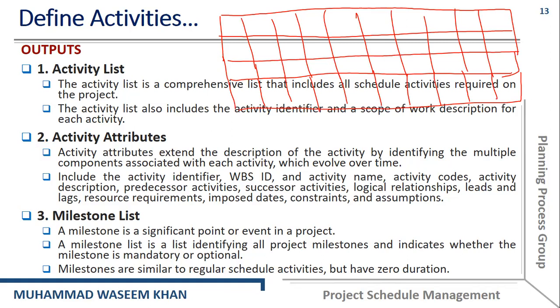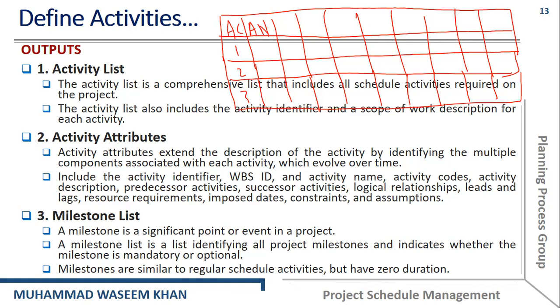Then we will have the activity attributes. Activity attributes extend the description of activity by identifying the multiple components that are associated with each activity, which evolve over time. Activity attributes include the activity identifier. As we have discussed earlier, the activity identifier can be a code or a number, which is a unique code or number given to an activity, or the work breakdown structure ID.